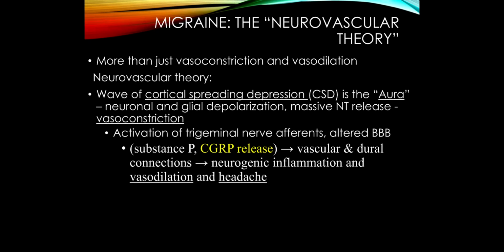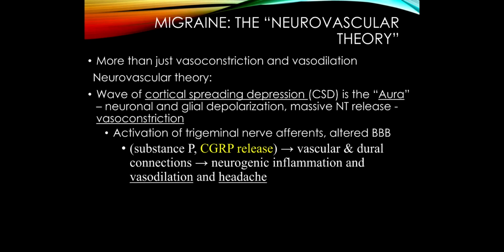And so according to this, there is initially a wave of what's called cortical spreading depression. And it isn't really known exactly what triggers that, okay, but this is the aura, the warning that the patient will have prior to their headache. And this is what is associated with vasoconstriction of blood vessels.